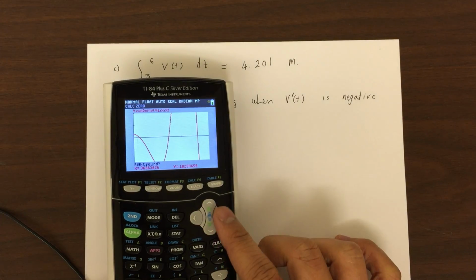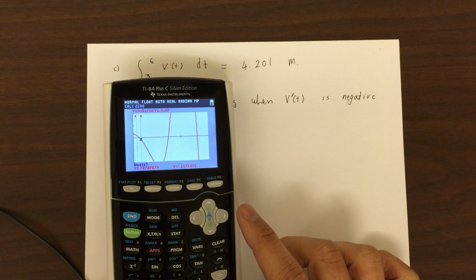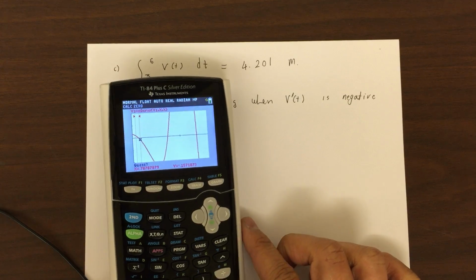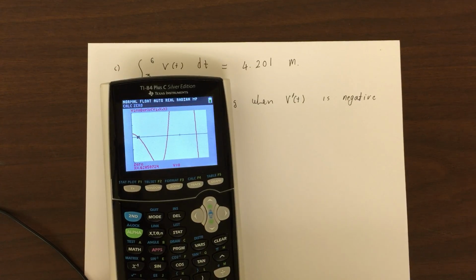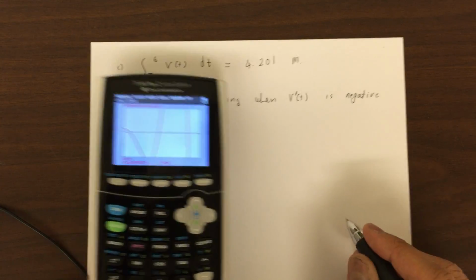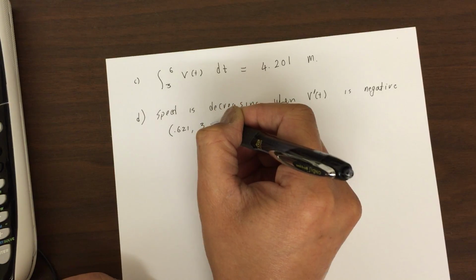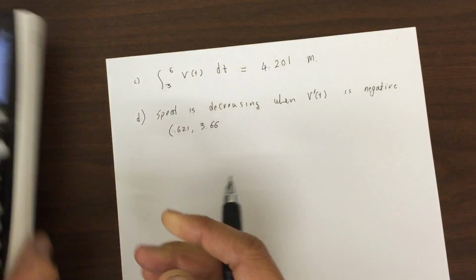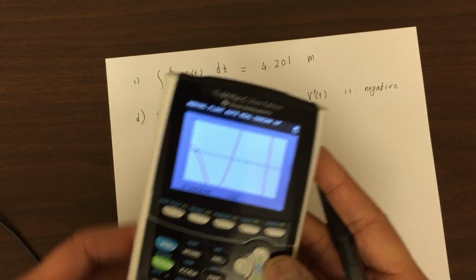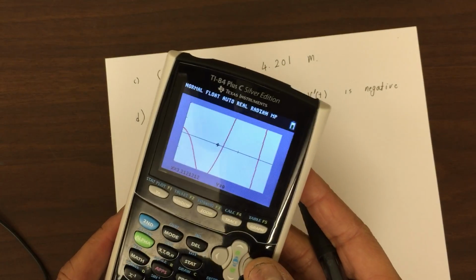Left bound, followed by the right bound, enter. So the speed is decreasing from 0.621 to 3.667, I think it was, but anyway, we can always calculate it again.